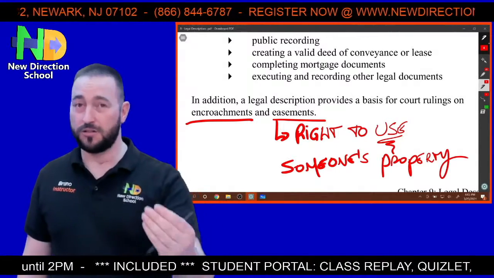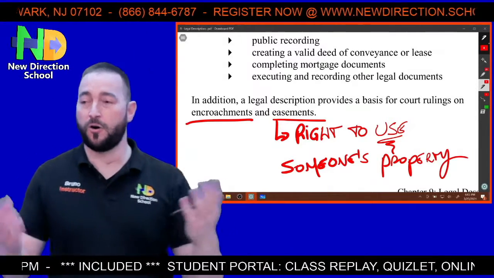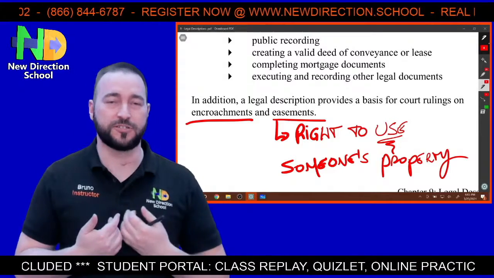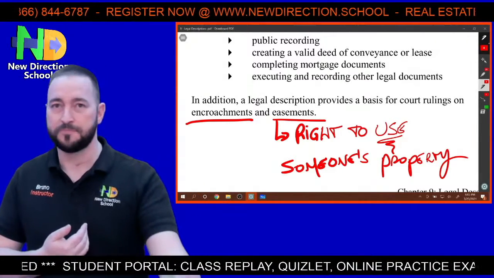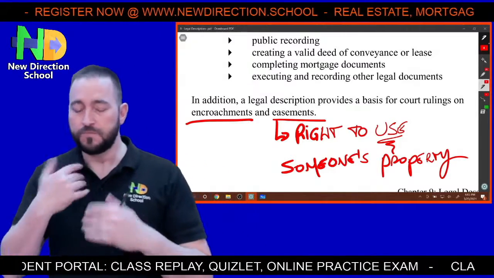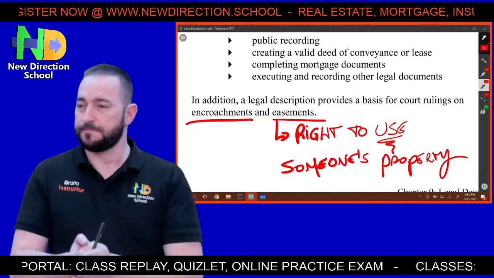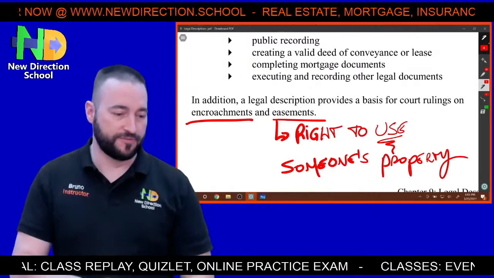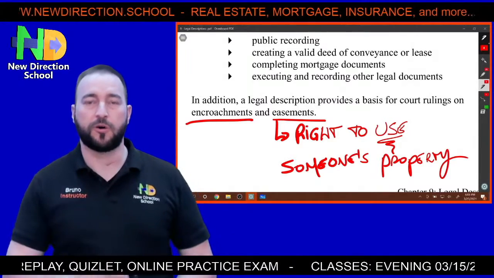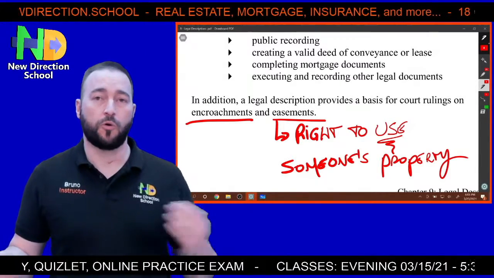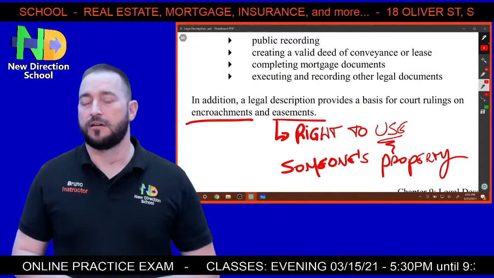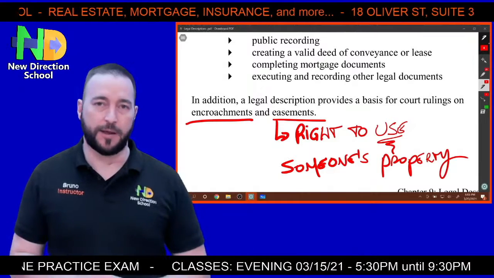If I buy Marlon's side of the property, now I own both. So why would I divide the driveway? Do I have to ask permission of myself to use the other half? No, I'm the same owner. So again, easements run forever, Lisa. Perfect. Easements run forever with the land, unless both parties agree to terminate the easement, or one party buys the other side, and now it becomes their own property. Easement ends right away.